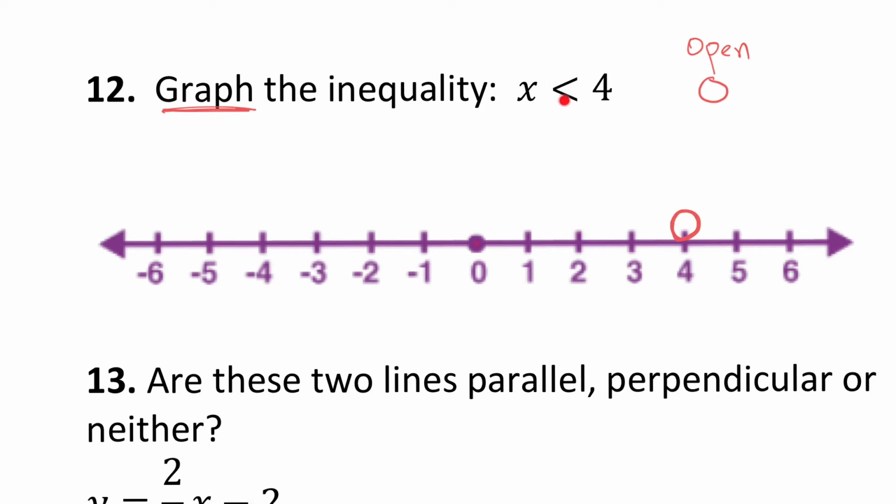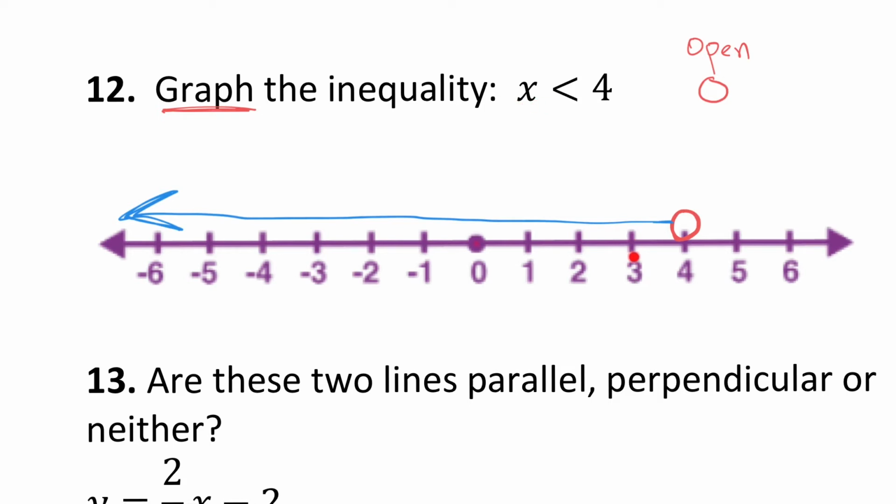Then I notice the inequality looks like an arrowhead. It is pointing to the variable. So since the inequality is pointing to the variable, you are going to have an arrow going to the left from the open circle all the way to the end of the number line. Now this is showing you what the answers are, and it is plural, many answers. x is a number less than 4.